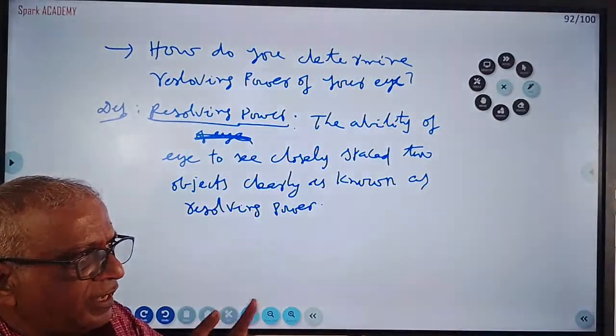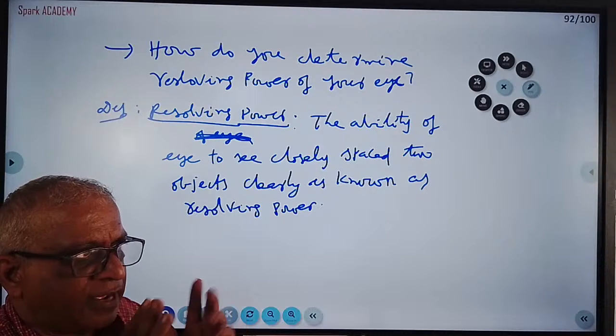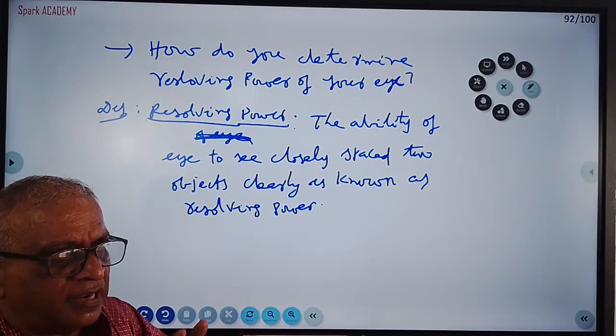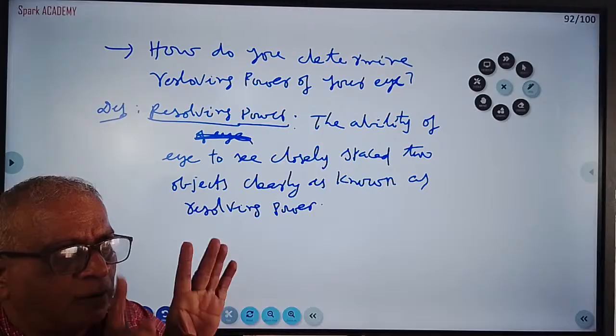Resolving power will be there for the eye, telescope, and microscope. If your eye is okay you can see, but if resolving power is very low, you can see two closely spaced objects only as a single object.